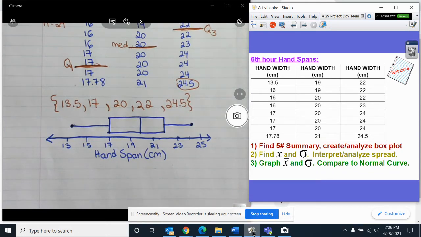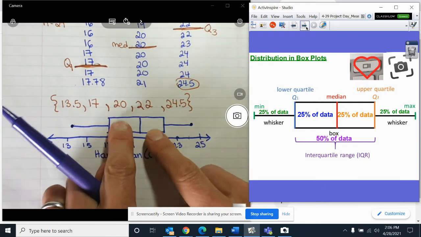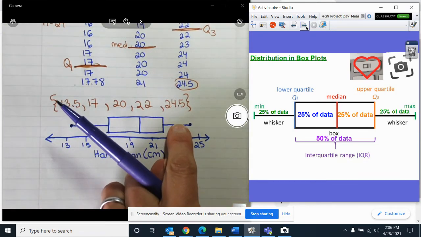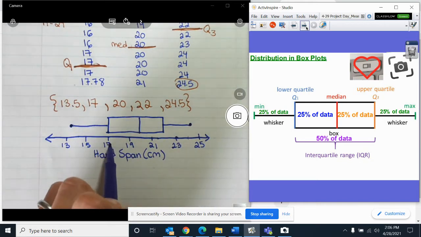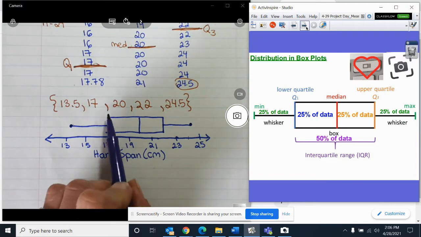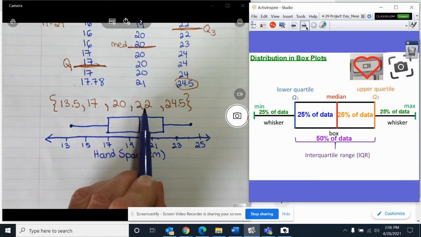Now to analyze this box plot, let's look at some information regarding box plots. There's 25% of our data in each of these 4 sections. So we can see that 50% of our data fall between 17 and 22 centimeters.